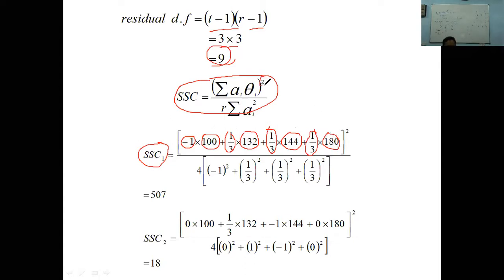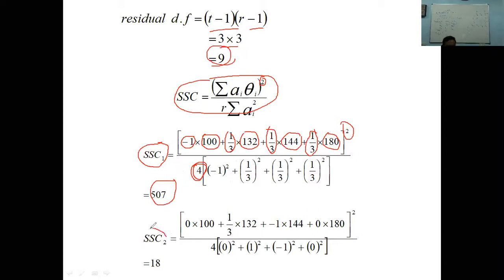Whole thing squared, divided by R. R is the number of replicates, number of blocks actually. Divided by the summation of the squares of all the coefficients: -1 square plus 1/3 square plus 1/3 square plus 1/3 square. If you get all these sorted out, you will get a value of 507.